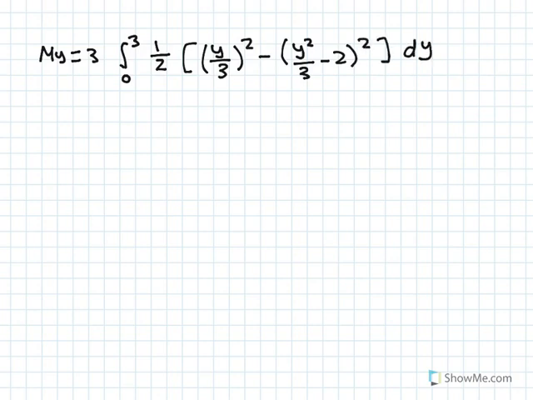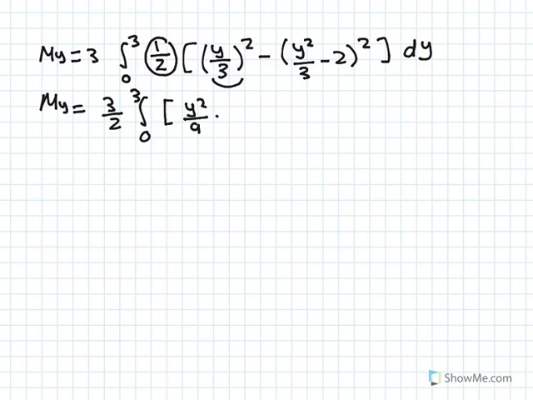1/2 is a constant, passes through the integral, so we get the moment with respect to the y-axis is equal to 3 over 2 times the integral from 0 to 3. Let's simplify the integrand so we can do the integration. Y over 3 all squared gives us y squared divided by 9, minus y squared over 3 squared gives us y to the 4th divided by 9, and expanding the inside of the brackets, the middle term is minus 4 y squared divided by 3, and minus 2 all squared is plus 4.